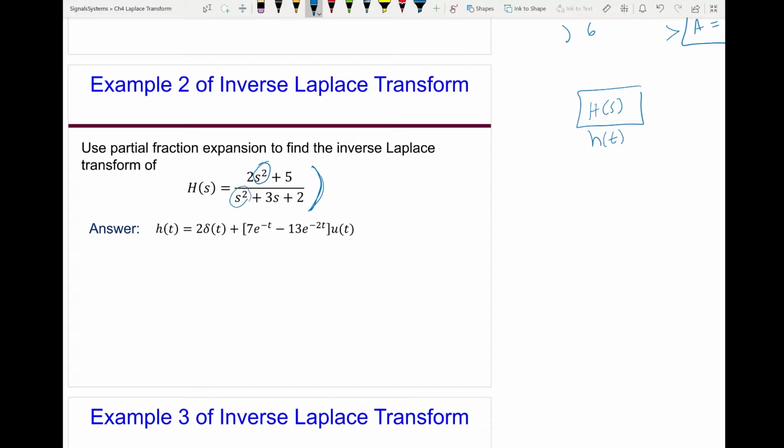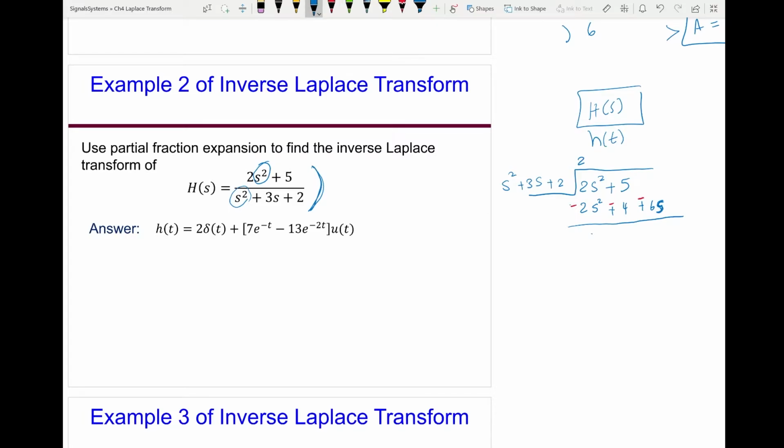So one way to do that, you can do it by a long division, divided by s squared. And if I multiply this by 2, 2 times s squared, it's 2s squared. 2 times 3s is plus 6s. 2 times 2 is 4, plus 4. Now I will change the sign and then I add them up.